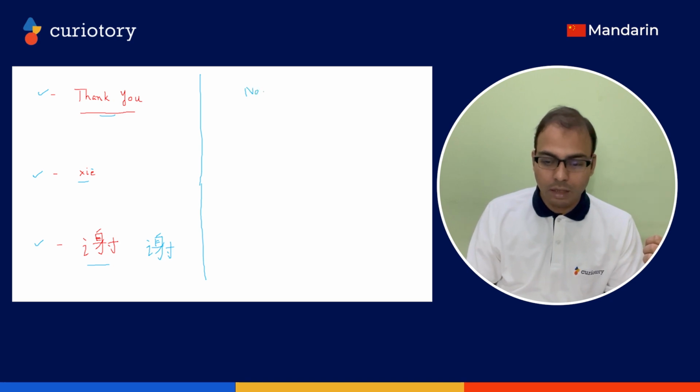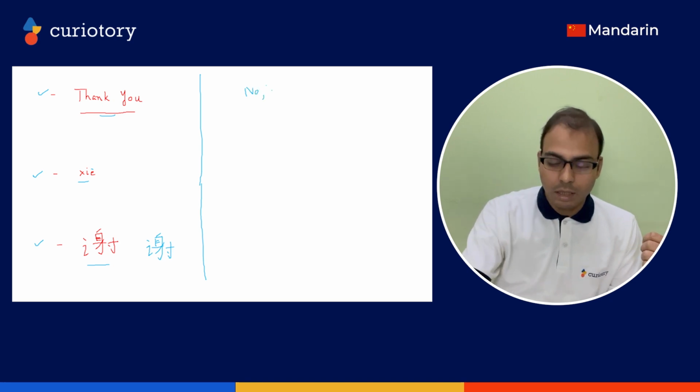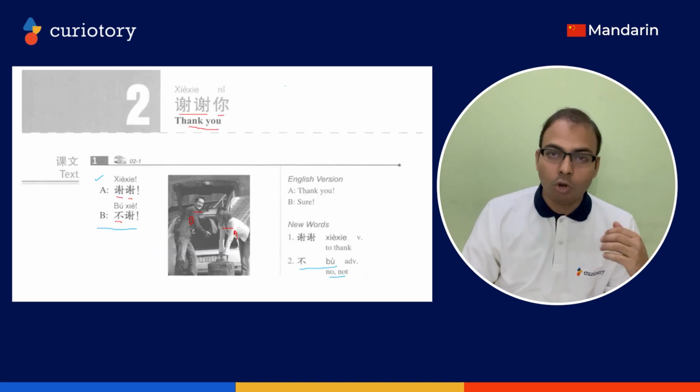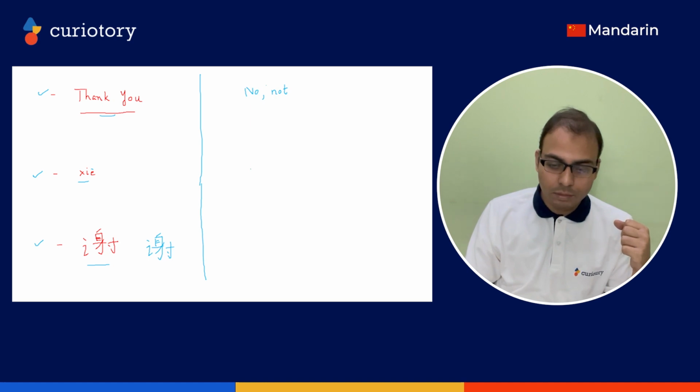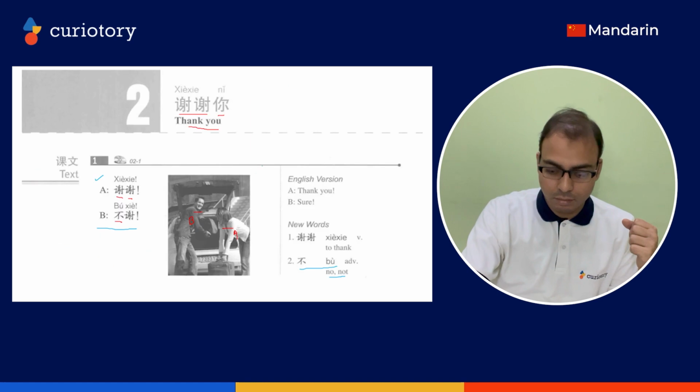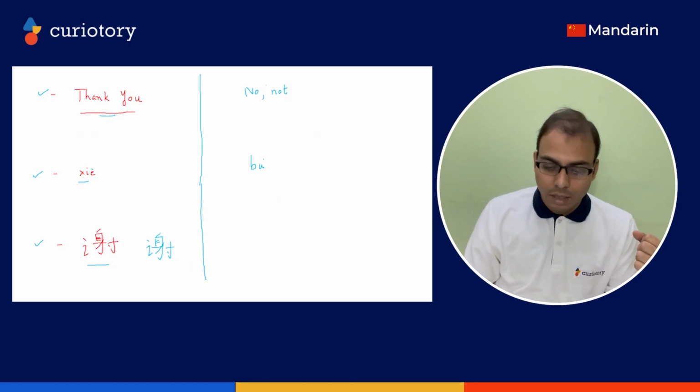In the case of pu, the subject, the meaning, is no or not. And of course the pinyin is pu. The character is a bit easier: 1, 2, 3, 4.